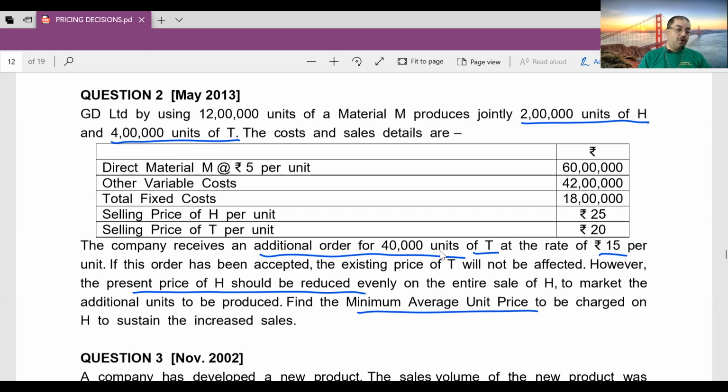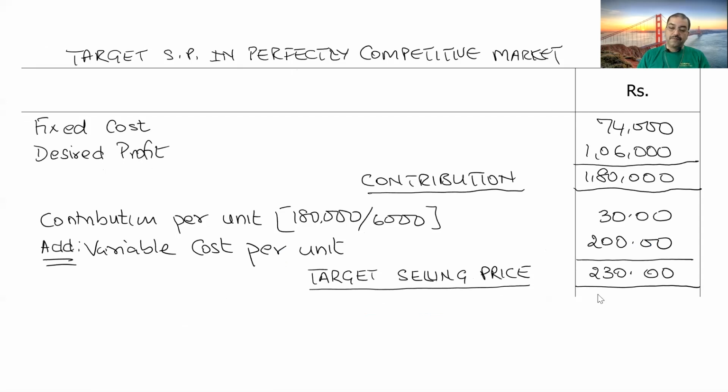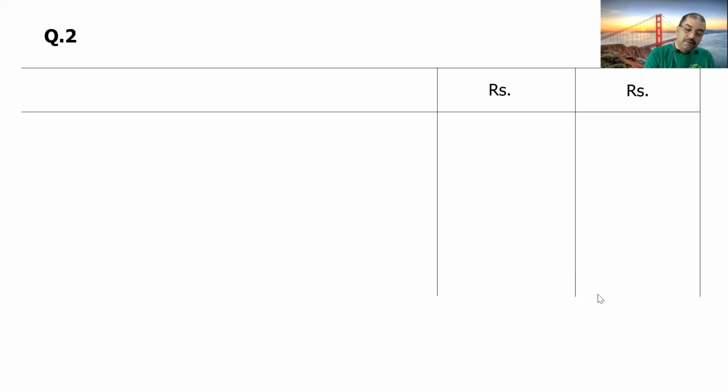First, let us calculate the contribution that is existing as of now. So let us find out what is the contribution as of now.